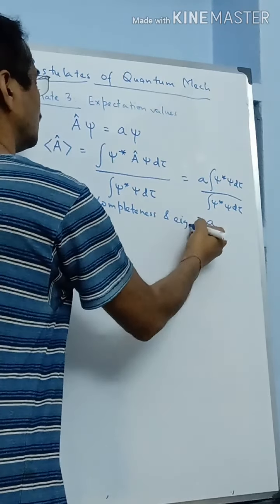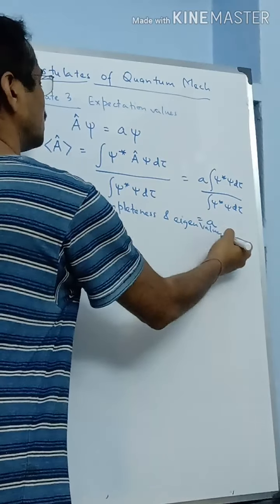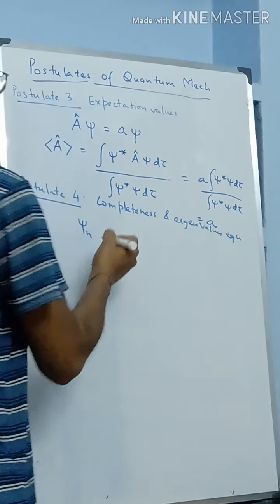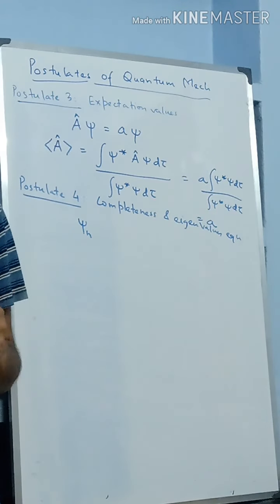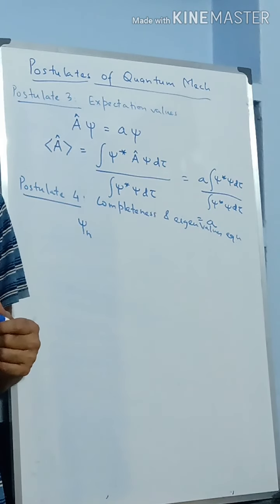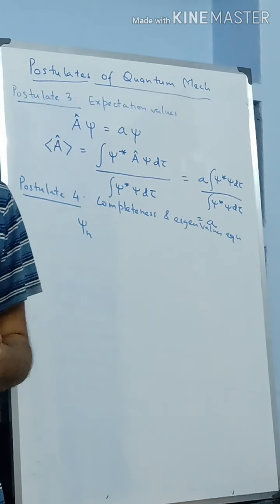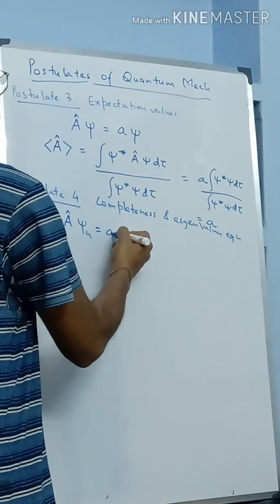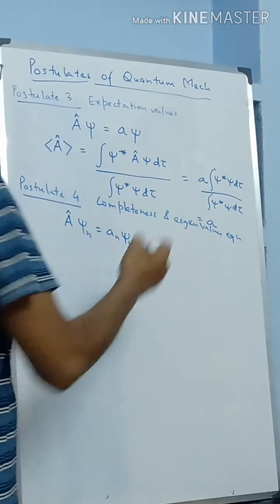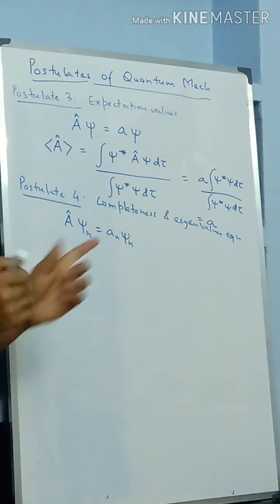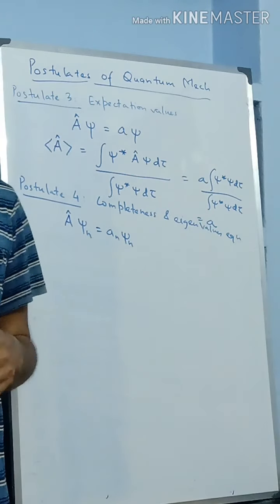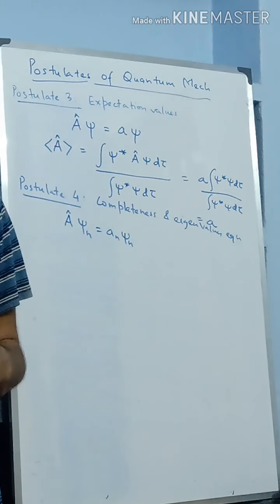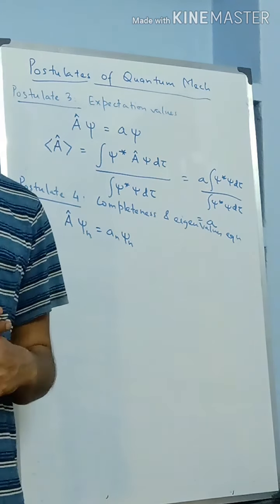Suppose we have a particular state ψn, which represents the quantum mechanical state at a particular value of n, and we have an operator A operating on that, which gives us an eigenvalue An ψn. Then we can always say that this set of ψn would form a complete set, like the one which we discussed in our previous lecture.